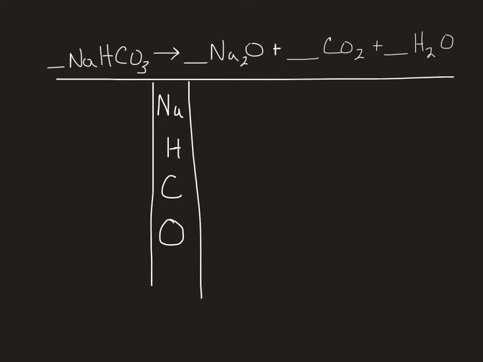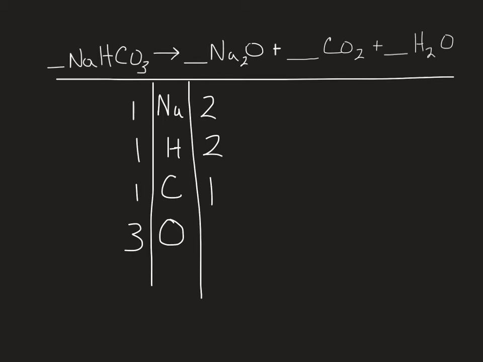I'm going to then count how many I have of each element on each side in the chart. So on the reactant side, I have one sodium, one hydrogen, one carbon, 3 oxygens. On the product side, I have 2 sodiums, 2 hydrogens, 1 carbon, and you should pause the video right now and count how many oxygen atoms there are.